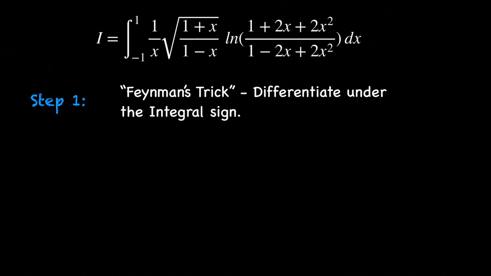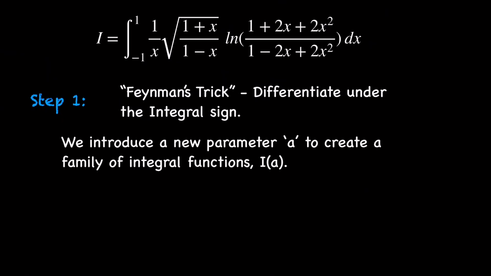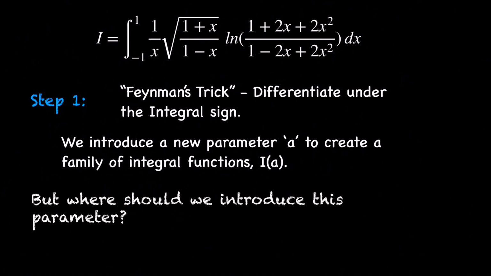Step 1 will be to employ Feynman's trick of differentiating under the integral sign. So we introduce a new parameter a to create a family of integral functions I of a. But where should we introduce this parameter?